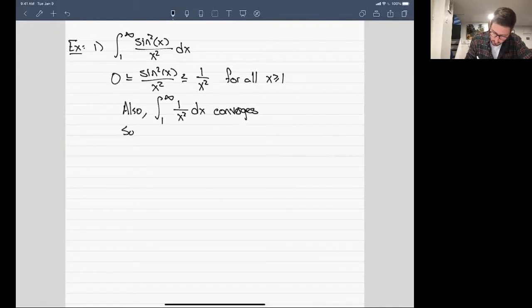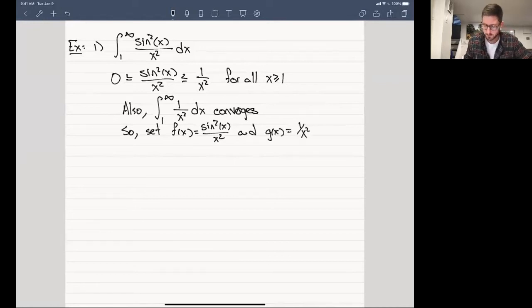So set f of x equal to sine squared x over x squared, and g of x equal to 1 over x squared, and use the direct comparison test.